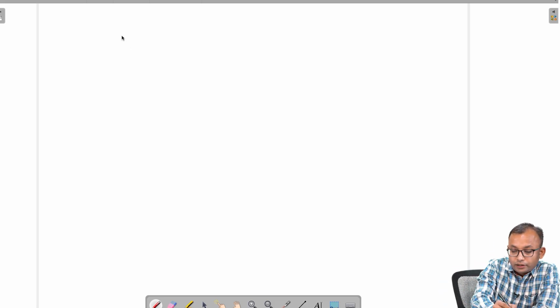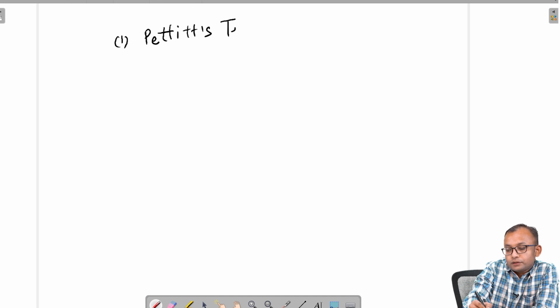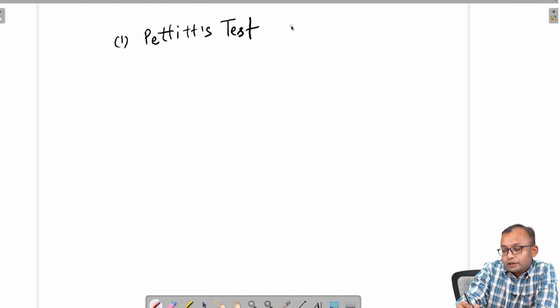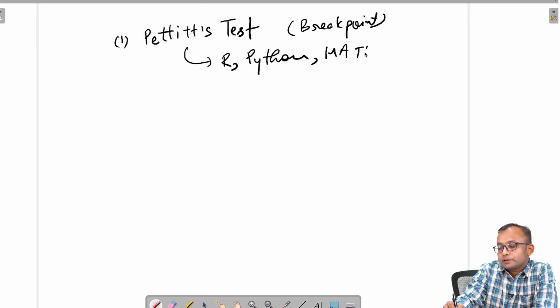That is one kind of method. So this is one way we can identify the breakpoints. It is widely used in R, Python, or you can also do the same analysis in MATLAB as well.